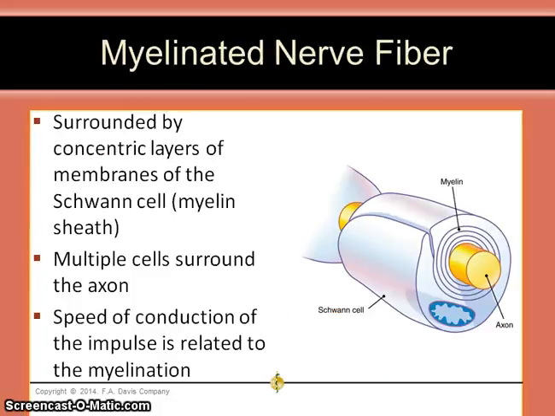Myelinated nerve fibers are surrounded by concentric layers of membranes of the Schwann cells, also known as the myelin sheath. Multiple cells surround the axon. The speed of conduction of the impulse is related to the myelination.